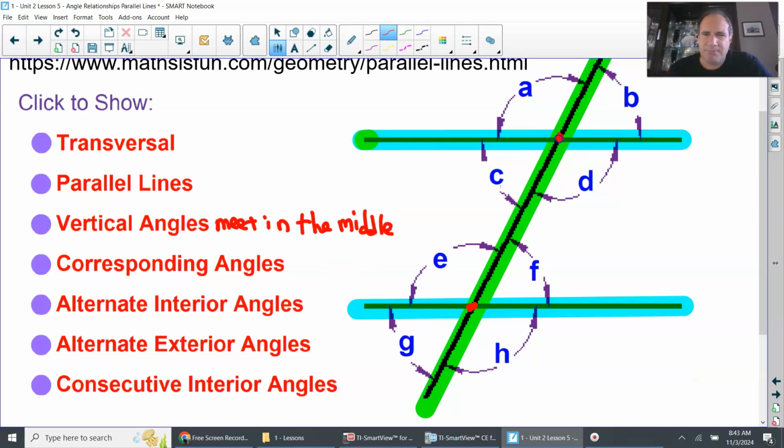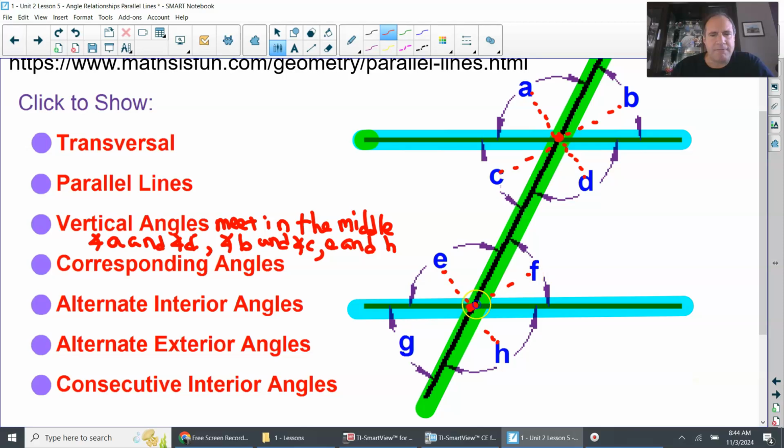And when they meet in the middle, angles A and D are vertical. And then we have B and C up here. And then down here, meeting in the middle, E and H, and F and G.